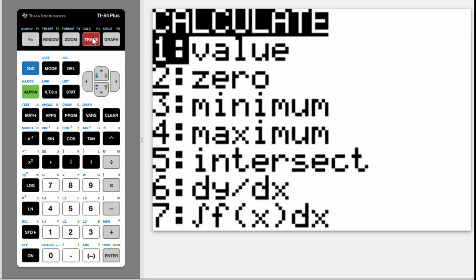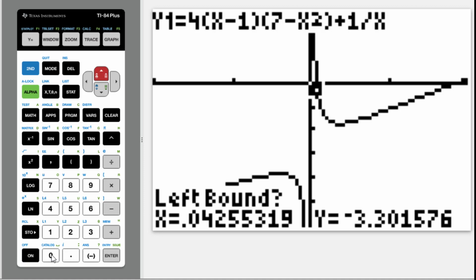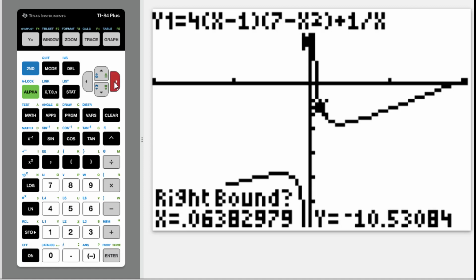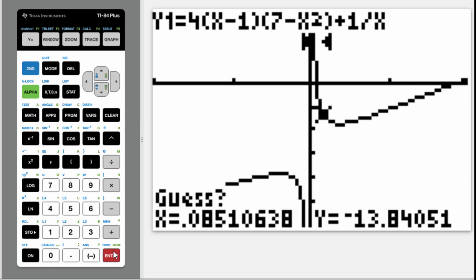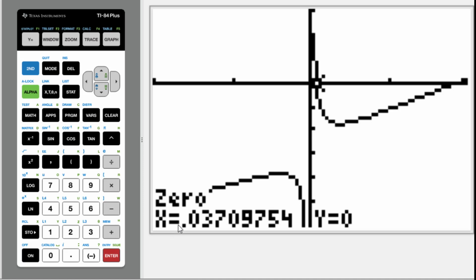Second trace, 2. Let's use 0.001. Then enter. Then move to the right bound. Enter. Enter. We get 0.0371 as the x-intercept.